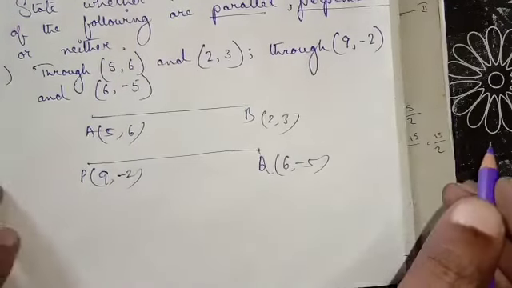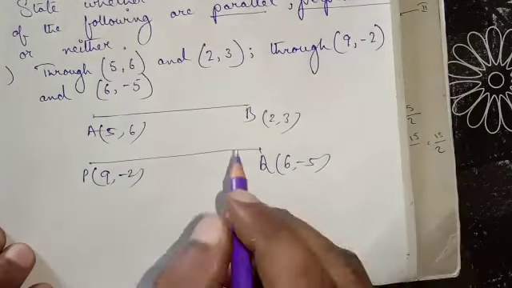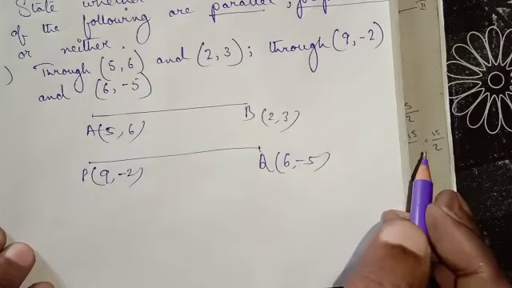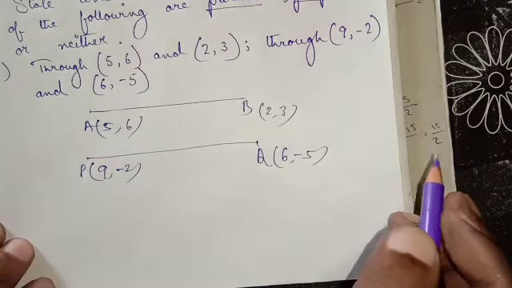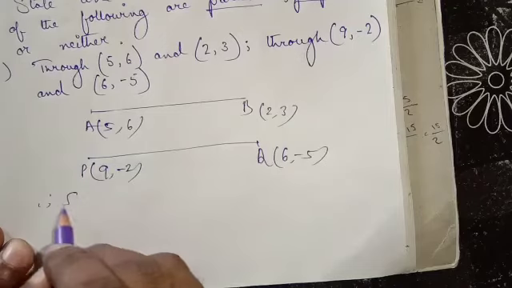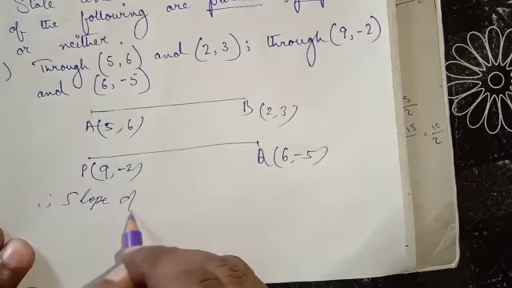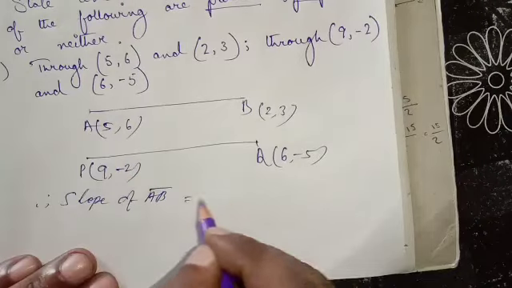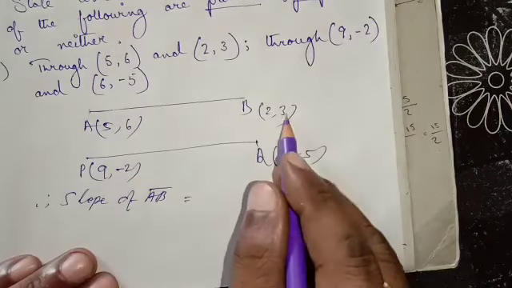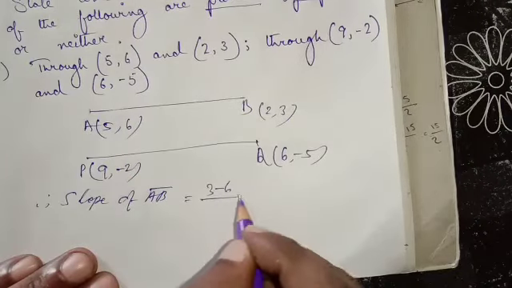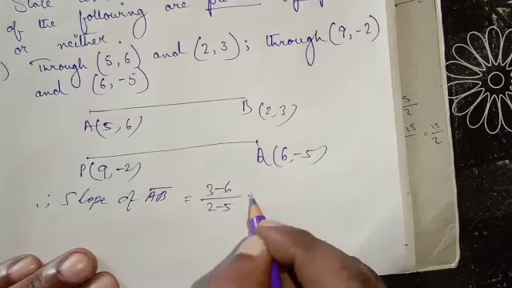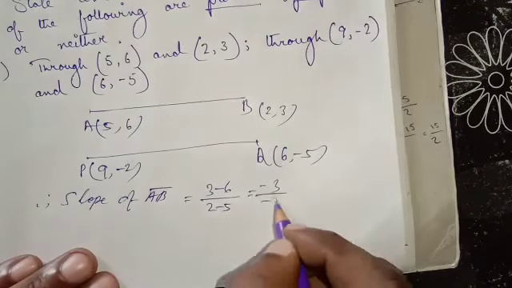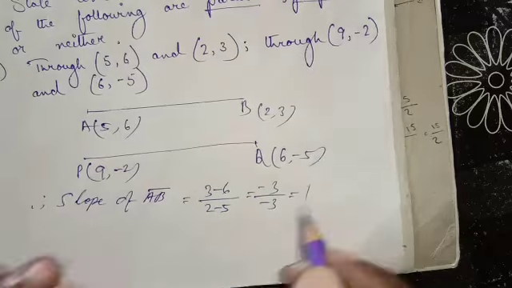So how to find out whether the two lines are parallel, perpendicular or neither? You have to find the slope of AB, the first line. The y difference is 3 minus 6, and the x difference is 2 minus 5, which is minus 3 by minus 3, equal to 1.